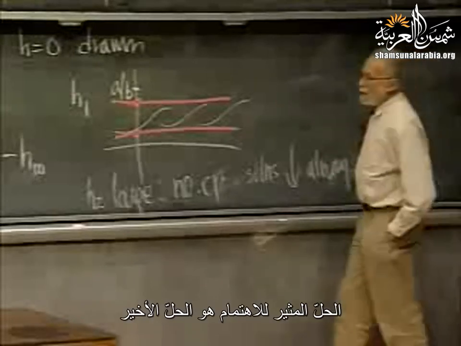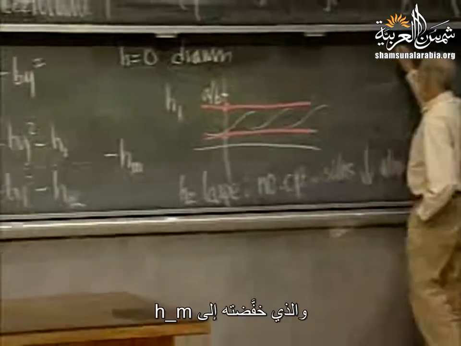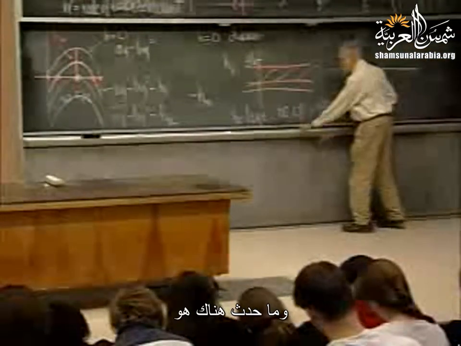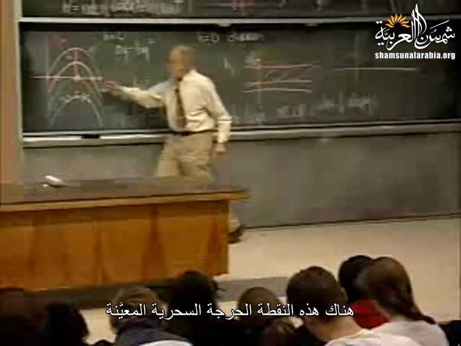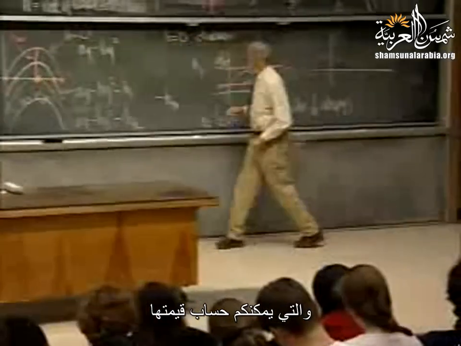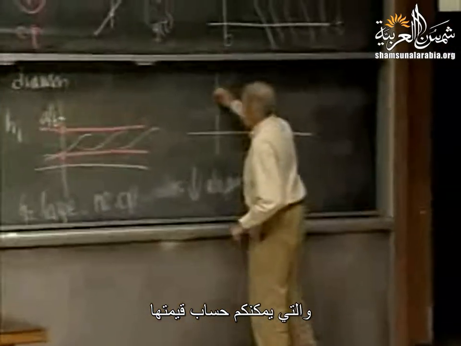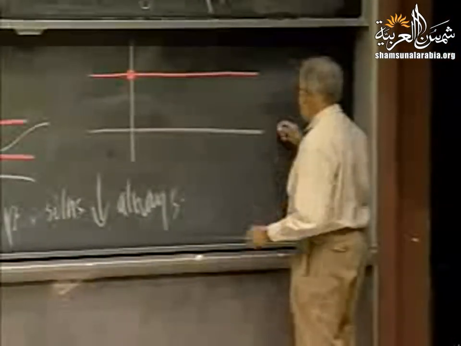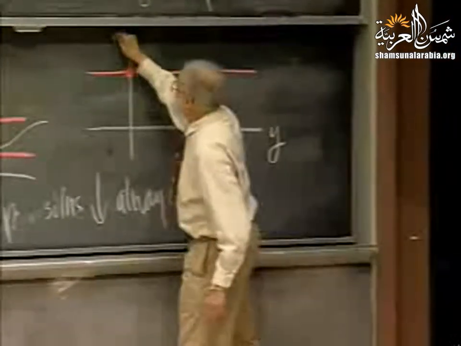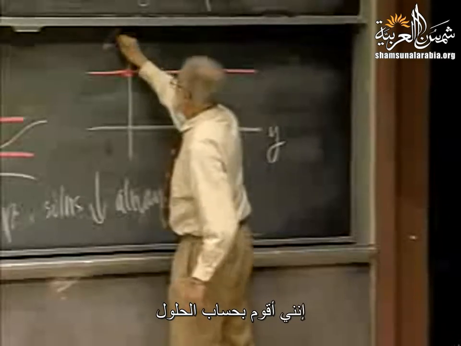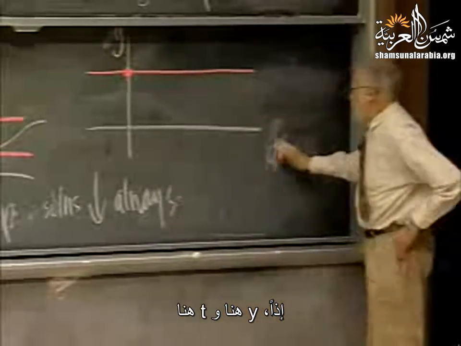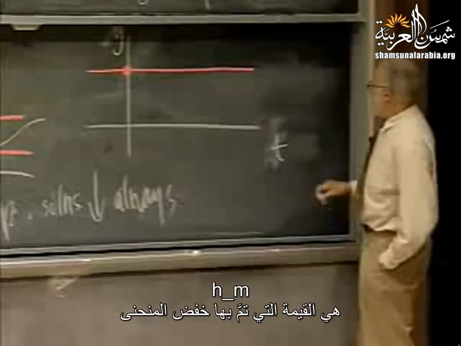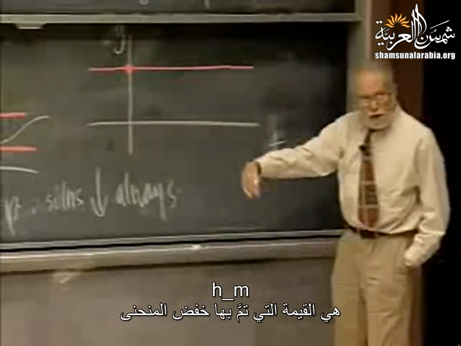The interesting one is this last one where I've decreased it just to hm. What happens there is this certain magic critical point whose value we could calculate. There's one constant solution. I'm sorry, I'm calculating the solutions now, so y here and t here. So here hm is the value by which it has been lowered.